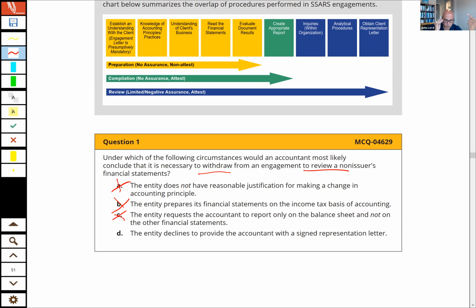We're required to make inquiry, and we are required to get a management rep letter. And if they don't do that, that's a scope limitation. And if we have a scope limitation, there's no qualification, there's nothing to disclaim. We're disclaiming anyway, because we're not giving an opinion. So we have no choice at that point but to withdraw from the engagement because it's an incomplete review.